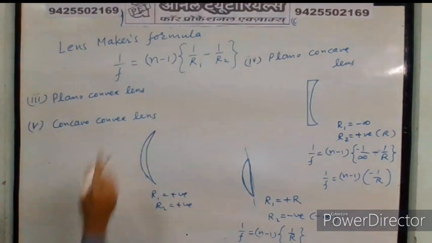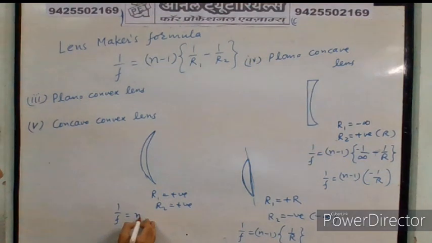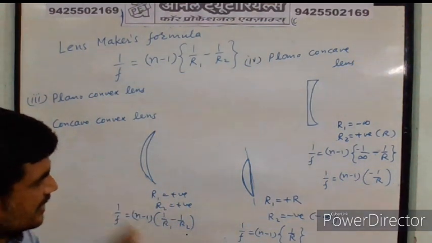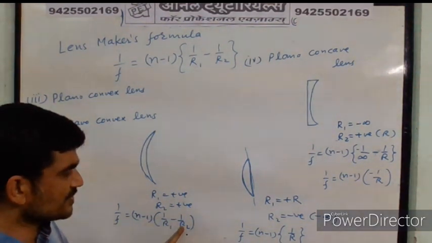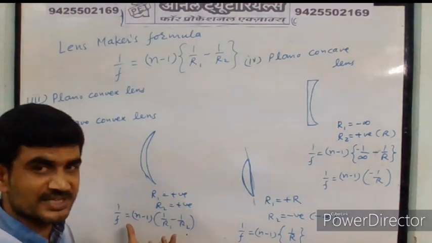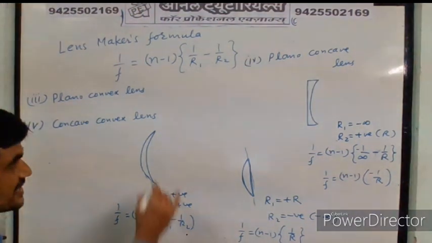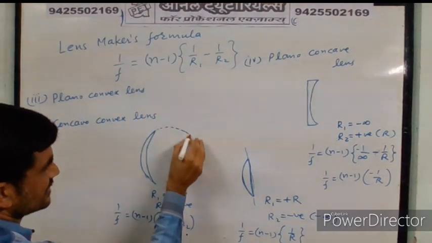So the formula will be as it is, there is no change. Clear? But what will happen if 1 upon R2 is more, then the whole thing becomes negative.